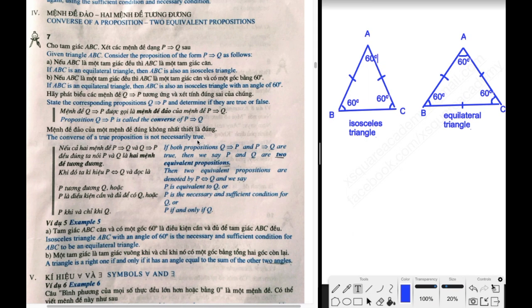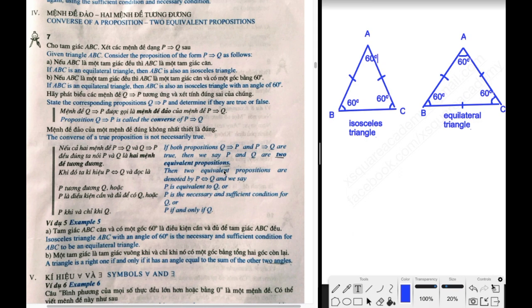But the converse, if all of us die, the earth will explode, is a false proposition, because people can die by many reasons, like disease, wars, or accidents, and these things cannot result in the earth exploding. It's ridiculous. And this is our conclusion about this section.